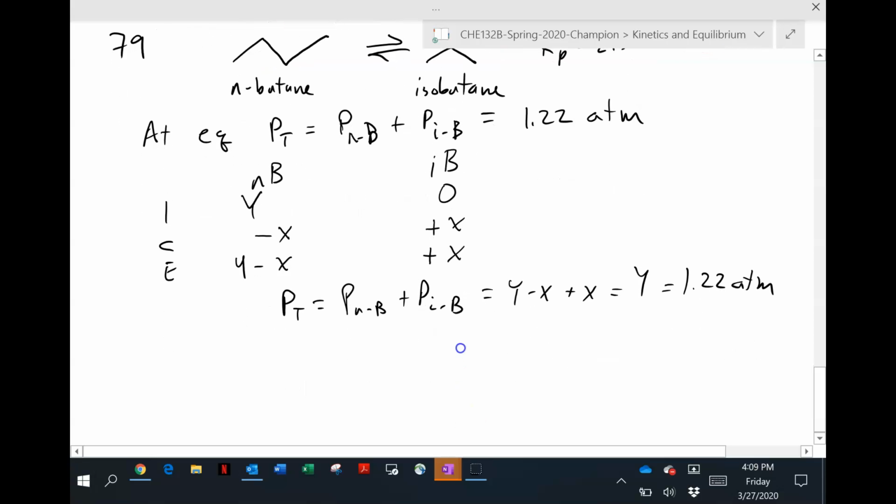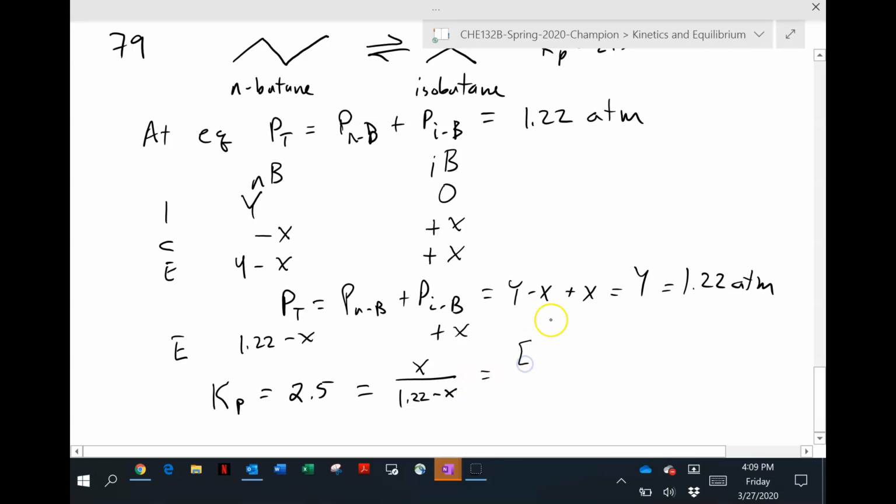So I'm going to rewrite my E line now as 1.22 minus X plus X. And I'm going to write my equilibrium expression. Kp is equal to 2.5. We were told that. And that's going to be equal to the isobutane on the top, that's X, over 1.22 minus X on the bottom, that's the N-butane.